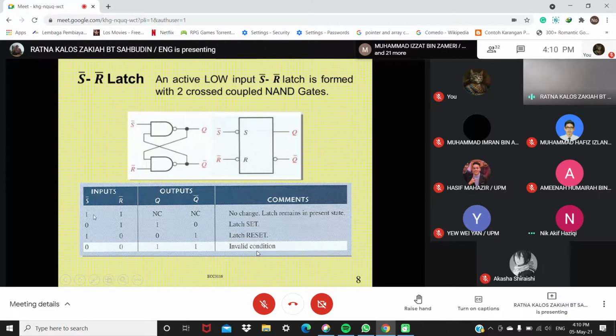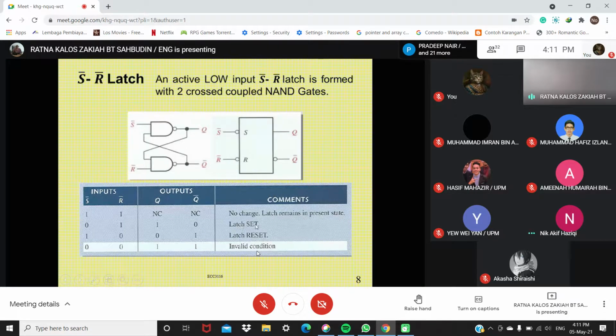Okay, so look at the truth table here. This first one here is for S bar and R bar. So when both are 1, there is no change. Latch remains in present state when both 1. So when S bar equal to 0, R bar here equal to 1, so Q is 1, Q bar is 0.